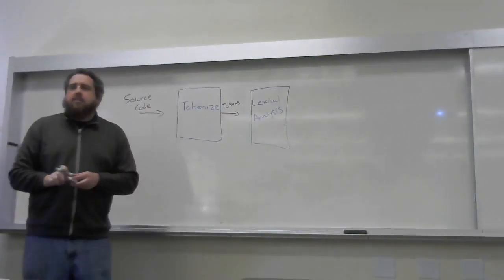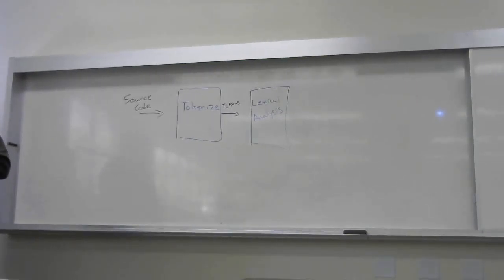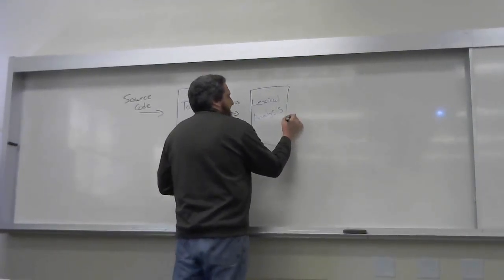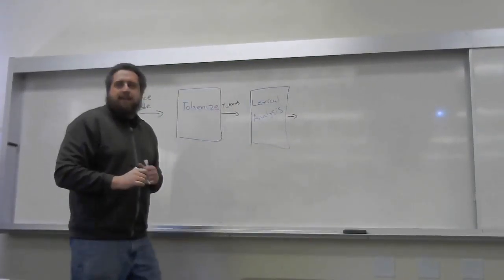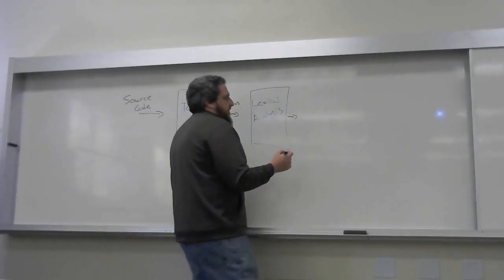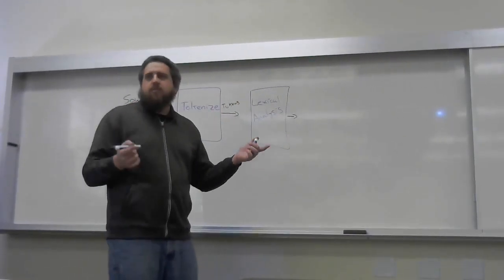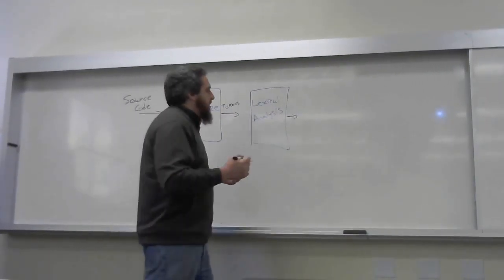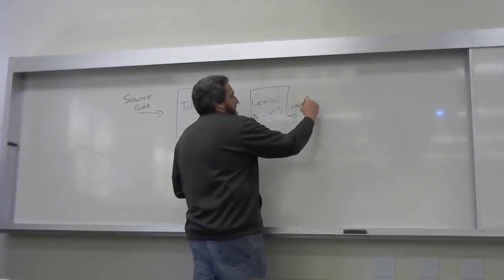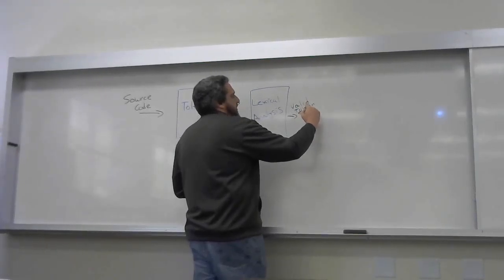And lexical analysis does what? Checks for grammar. The output from the lexical analysis is either a valid set of tokens or nothing. There's no in-between. You either work or you don't. So we know the output from the lexical analysis is a valid token stream.